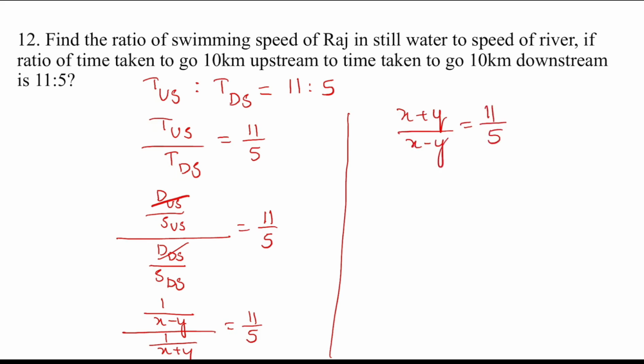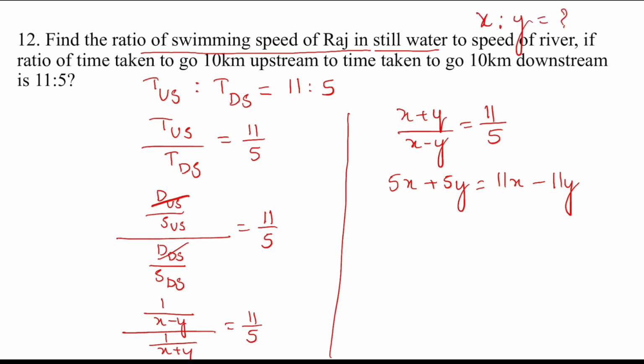So cross multiply, 5x plus 5y is equal to 11x minus 11y. See here, find the ratio of swimming speed of Raj in still water, means x, to the speed of river, y. So they are asking the x is to y ratio.